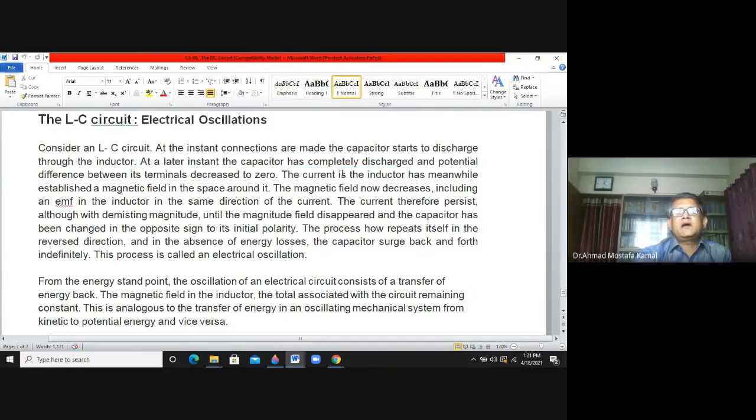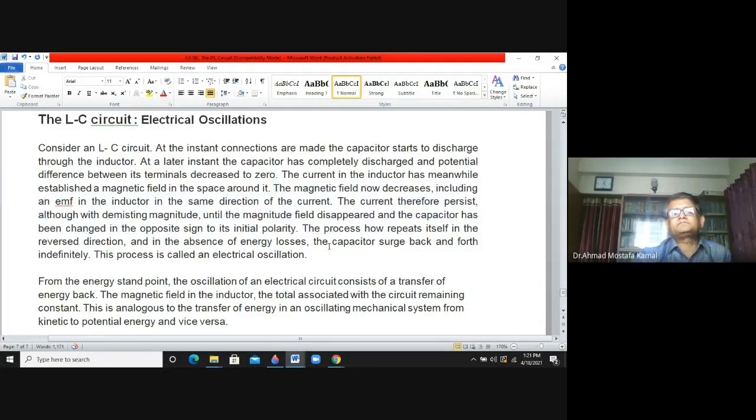The inductor induces and establishes a magnetic field around itself, because the inductor's job is magnetic field induction. Then the magnetic field now decreases, inducing an EMF in the inductor in the same direction as the current. Okay, as the magnetic field decreases, the current therefore persists, diminishing in magnitude, until the magnetic field disappears and the capacitor has been charged with the opposite sign to its initial polarity. I am going to explain in easy language.